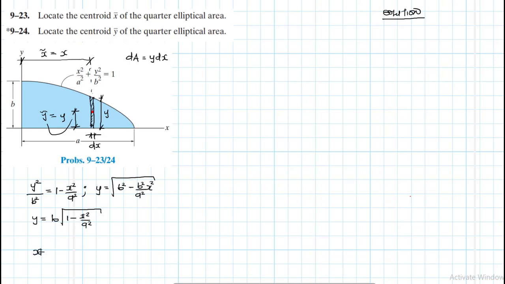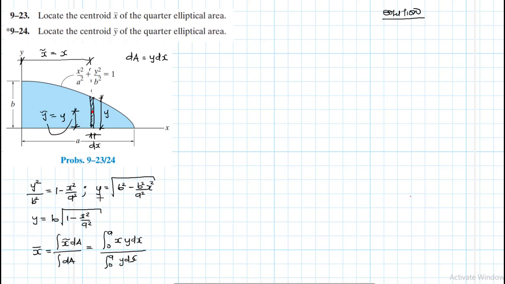Then our x bar is going to be equal to the integral of x curled dA divided by the integral of the total area itself, from 0 to a. Since we are integrating along the x-axis, our dA is y dx, so this becomes x, and then dA is just y dx, divided by the integral from 0 to a of y dx.